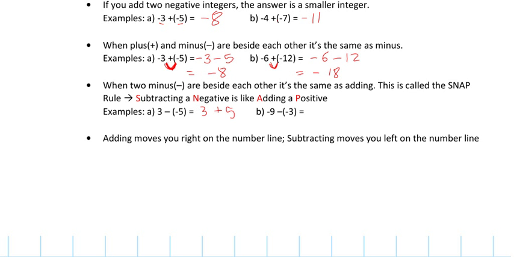So, and then that gives me basically 3 plus 5 is 8.